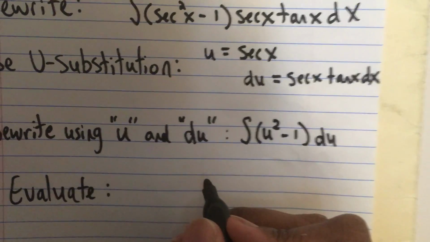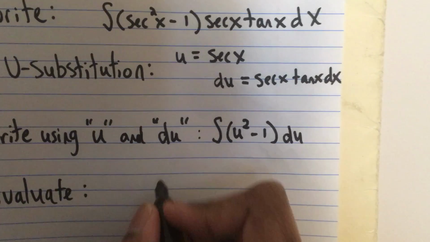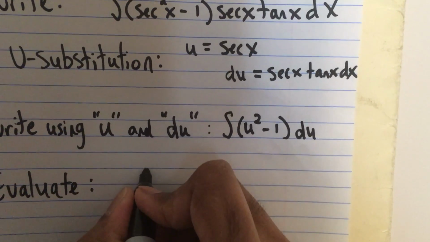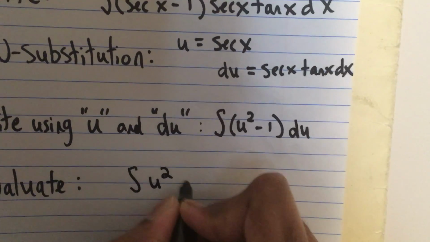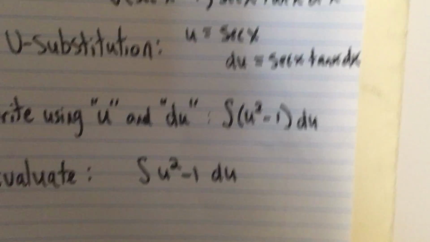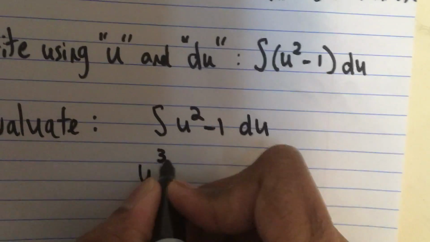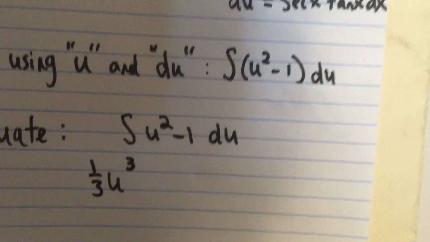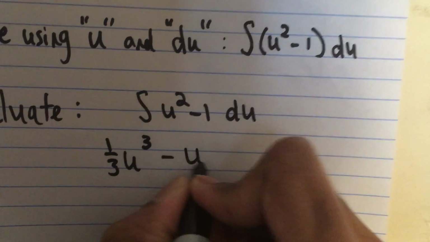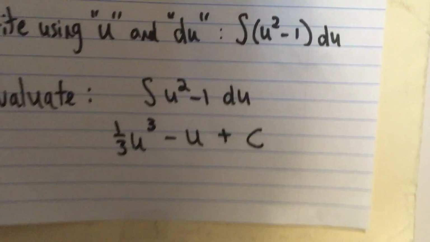Now I can just evaluate. So I'm going to look at the integral of u squared minus 1 du. We get 1/3 u cubed minus u plus c.